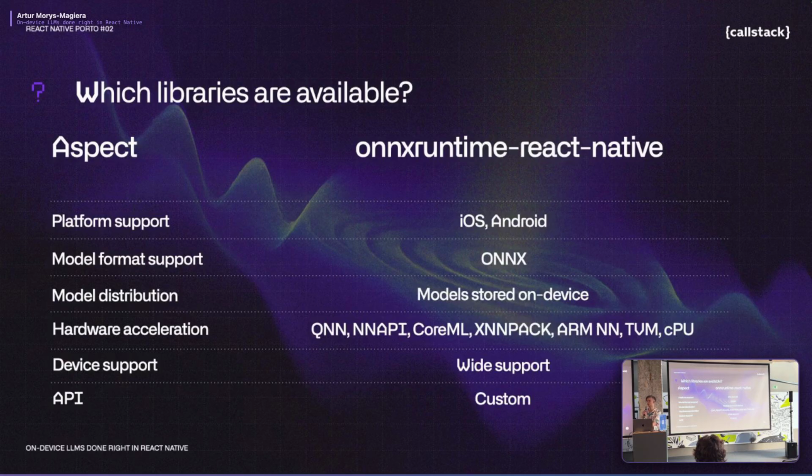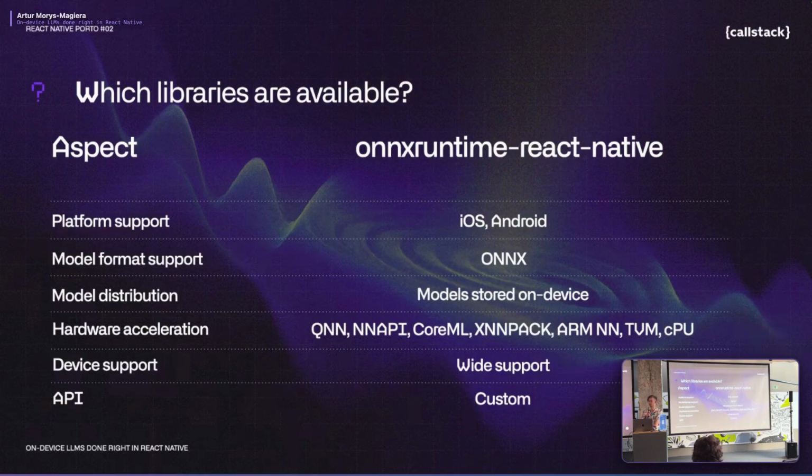Then we have ONNX Runtime React Native, which captures a different segment in the sense that it's a low-level inference library that also, just like LiteRT, allows you to run any type of model. So you're not only limited to LLMs, you can use anything.